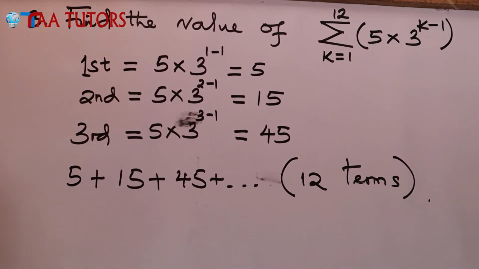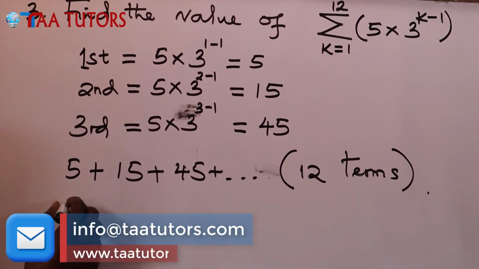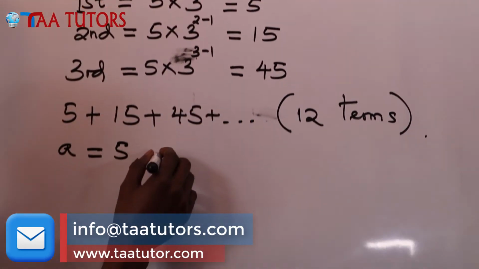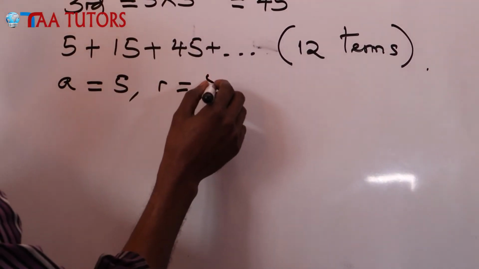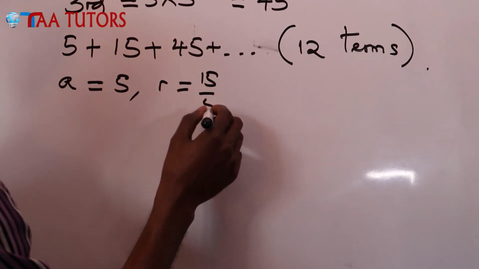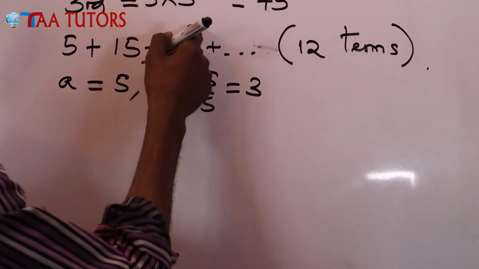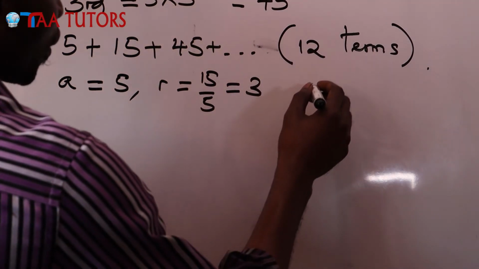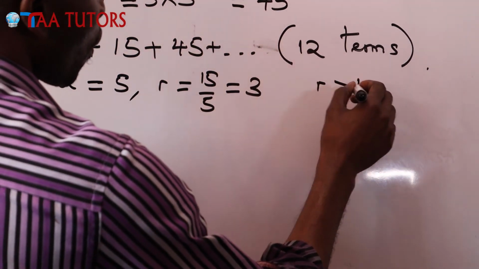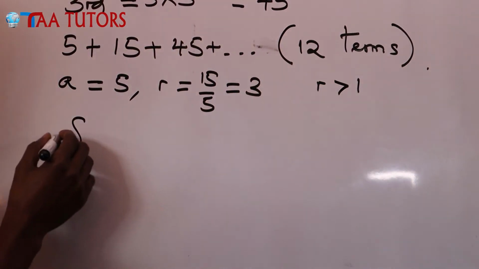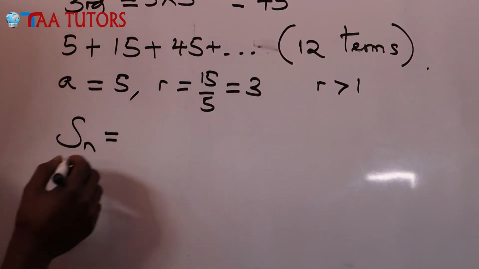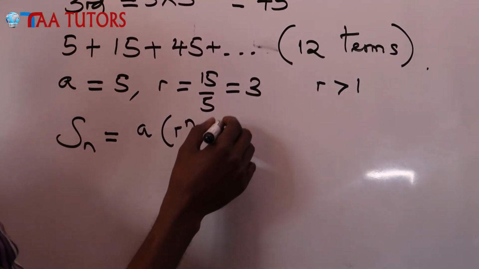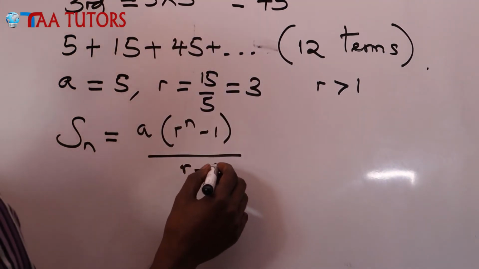So what we know is that we need to get A, and A is 5. A of this series is 5, and R will be 15 over 5, which is 3. You can also have 45 over 15, which is still 3. So we know that the value of R is greater than 1, so we should use the formula Sn equals A into R power n minus 1 over R minus 1.